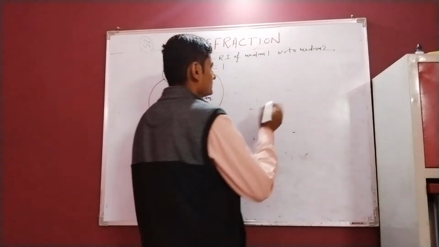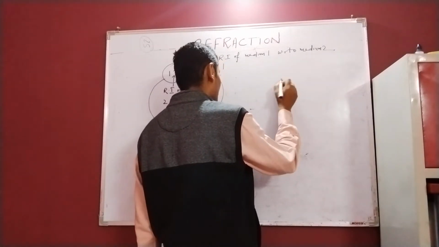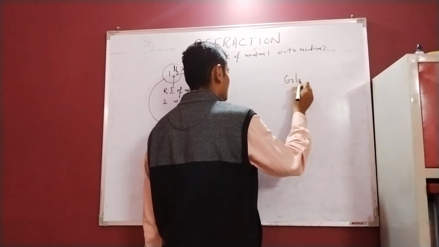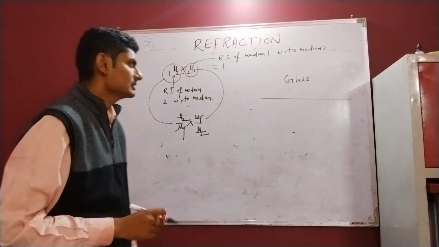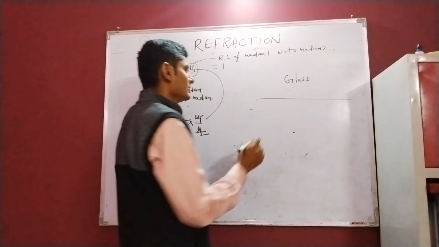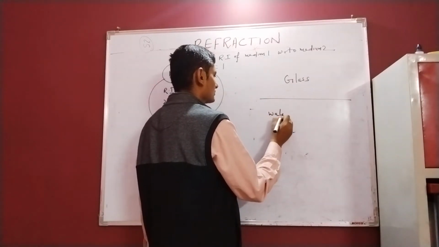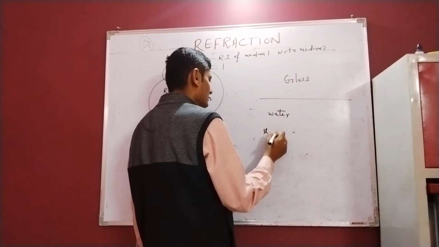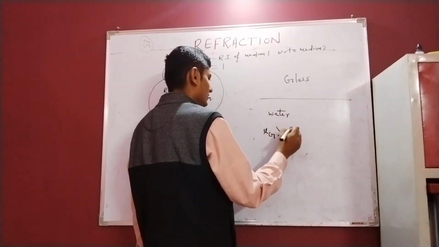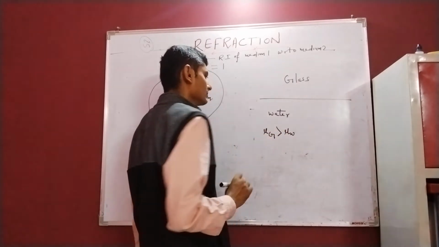Some important points. Suppose light rays go from glass to water. This is glass and there is an interface which distinguishes the media, and this one is water. Refractive index of glass is greater than refractive index of water.